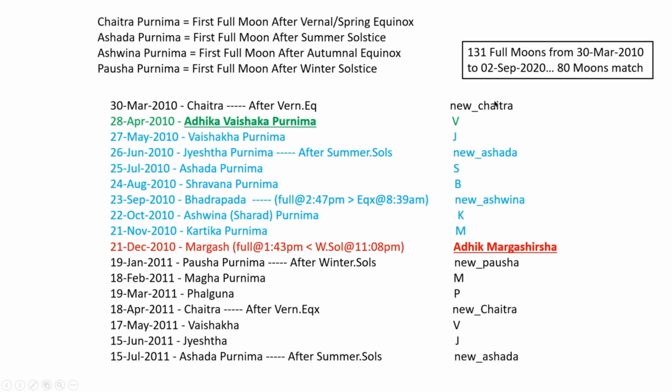What happens is, between these four cardinal points, this was the full moon after the spring equinox, this was the full moon after the summer solstice, this was the full moon after the autumnal equinox. In between these points, we usually expect only two full moons. There are two full moons here, two full moons here, two here, and so on.